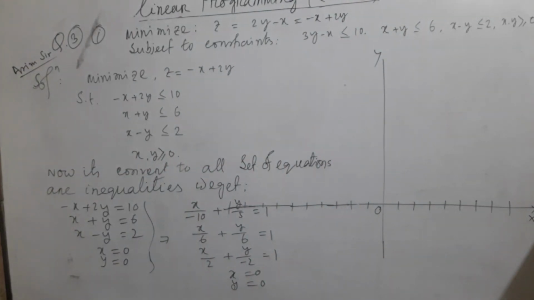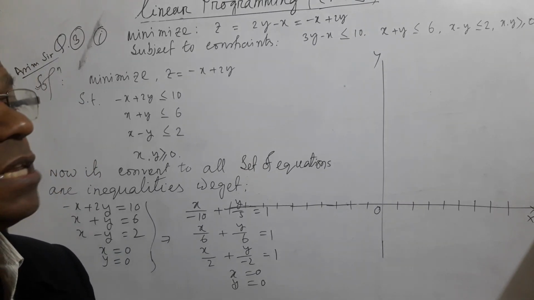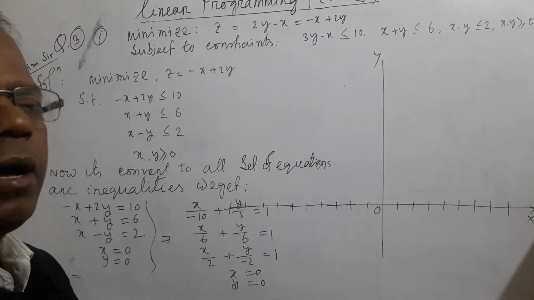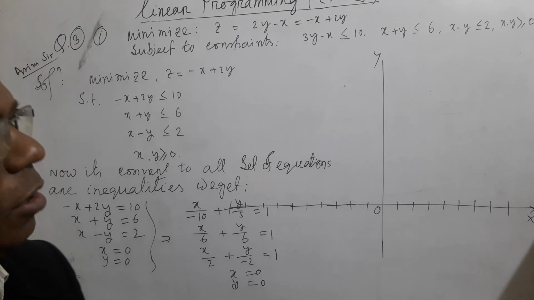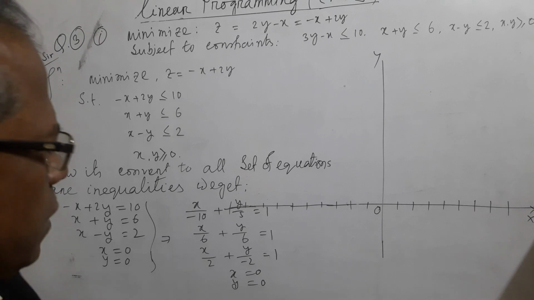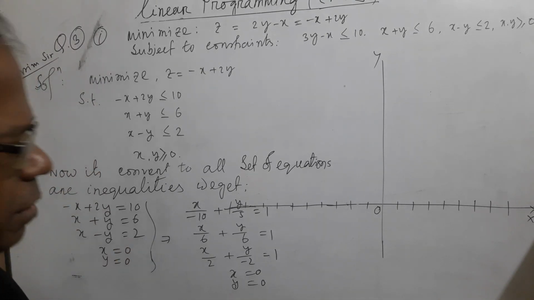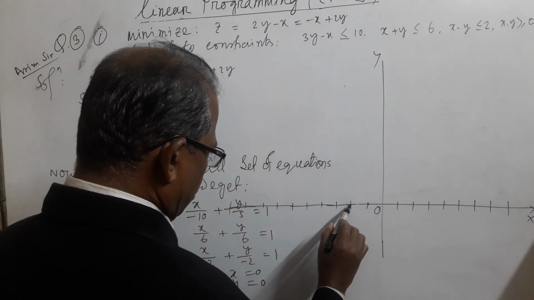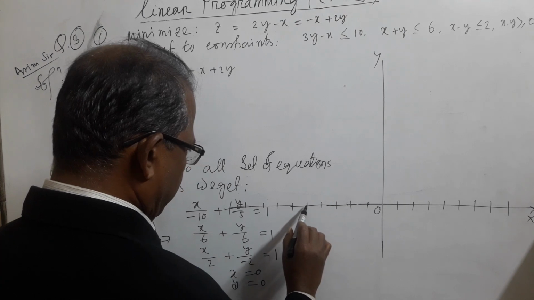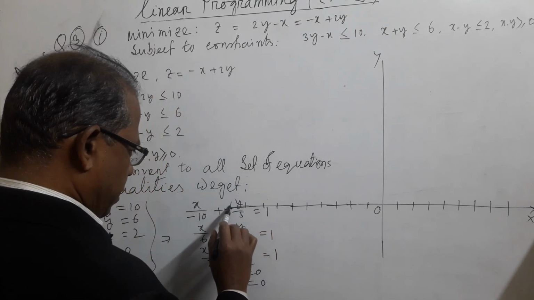Now this is the collection of vertices, and put the points in your graph. Firstly, x by a, that means minus 10, counting 1, 2, 3, up to 10.